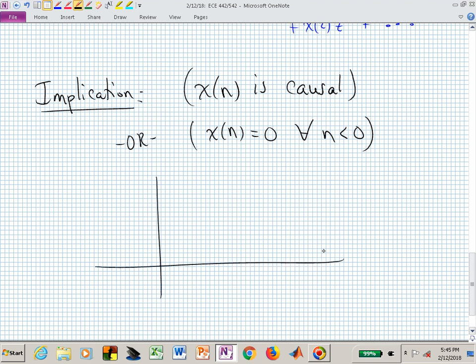Pictorially, you now have x of n that takes on only non-zero values for non-negative integers little n with this particular pattern of region of convergence.